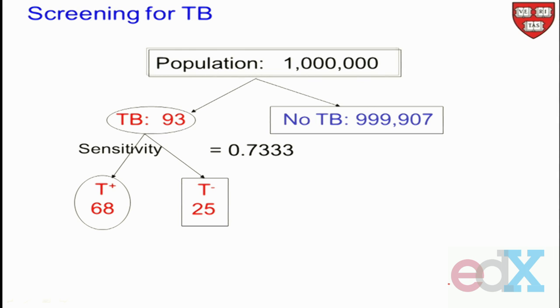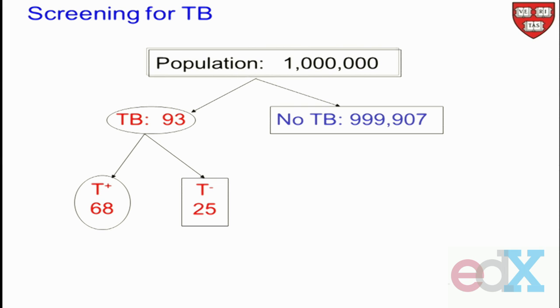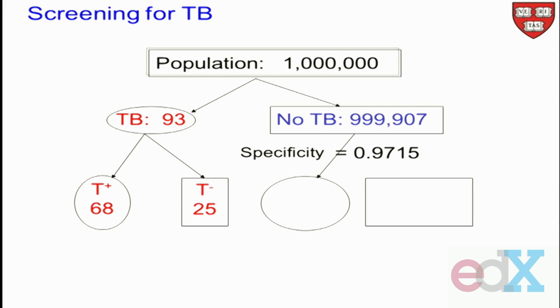What about the people without TB? For them, remember, we have to use the specificity. So the specificity in this case we said was a very high 97%. So 0.9715. So multiply 999,907 by 0.9715, and that will tell us how many people actually test negative.